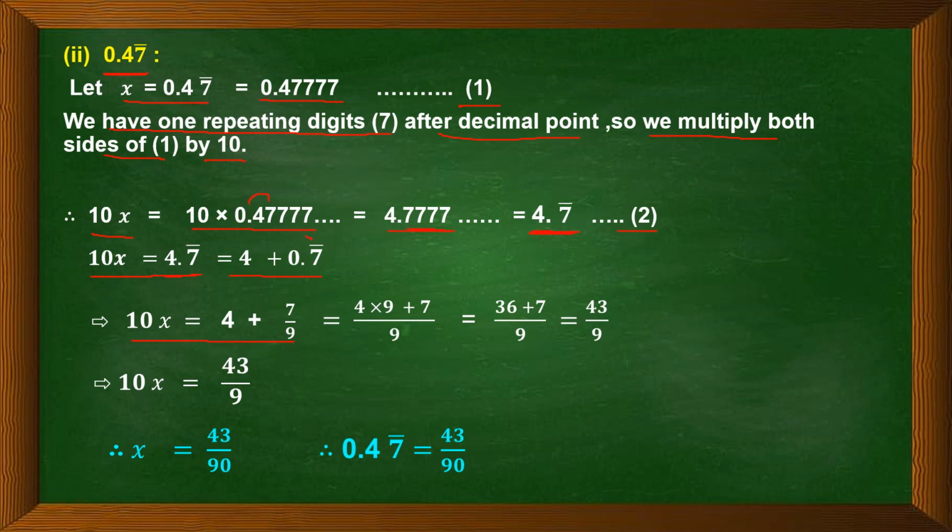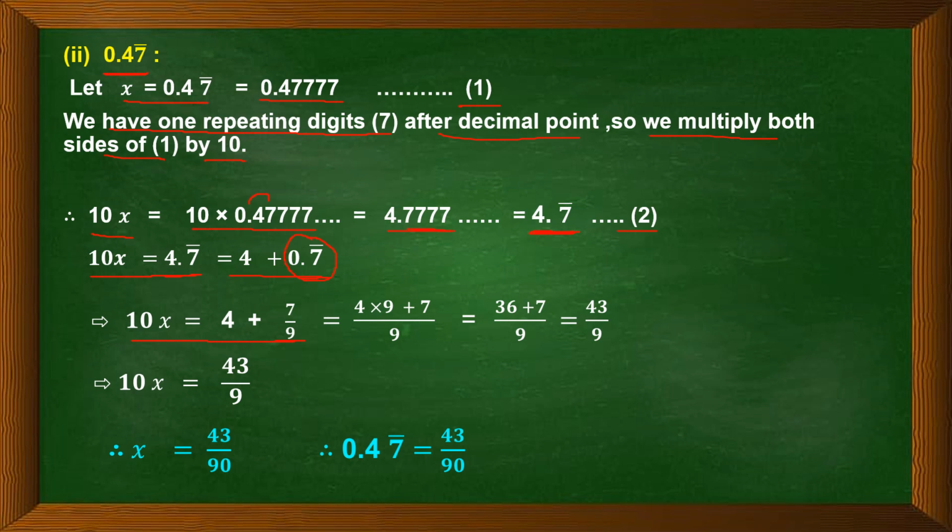Here, to solve this 0.7 bar, we have applied the rule method. That is, one digit is there after the decimal point which is repeating, so write down the numerator as it is and 9 in the denominator. Only one 9 will come. So here we have applied the shortcut method, that is the rule method.